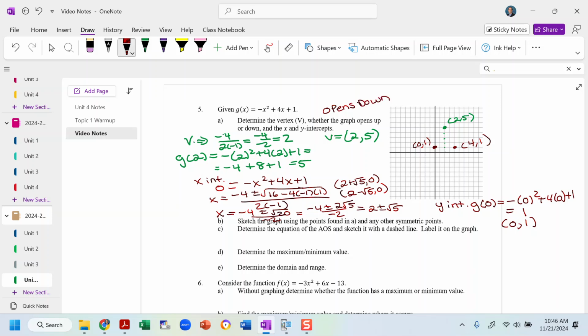And then for the x-intercepts, the square root of 5 is like a little more than 2. So if we go to 2 minus like 2.1, that's going to be about here, for 2 minus the square root of 5, 0. You can also type it in your calculator and get what it would be. And then if you add like 2.1, you get a little more than 4 right here. And then you're going to graph it.